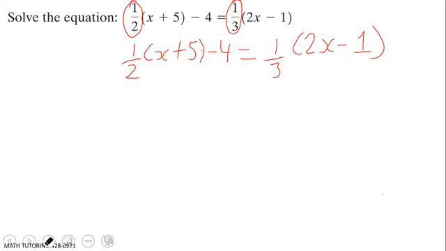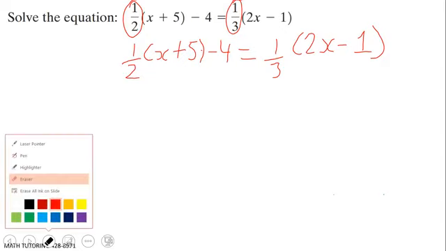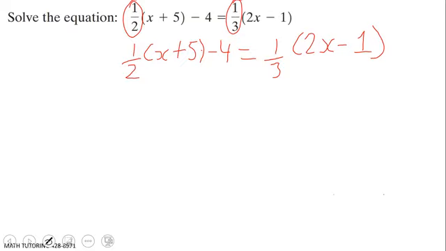So we're going to multiply both sides. Notice what I'm going to do. And this is very important that you notice what I'm going to do. What color? Let us use purple. I'm going to put a bracket over this, and I'm going to put a bracket over that. Notice that I'm going to multiply the entire side of the equation by 6. Not just some of it, the whole thing.